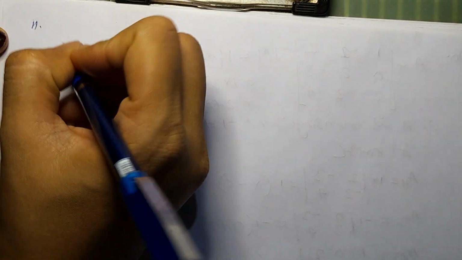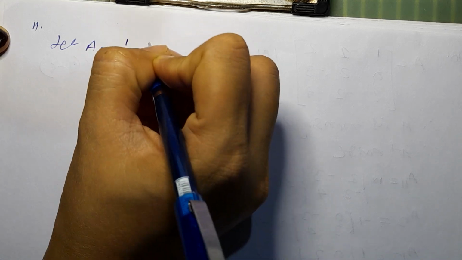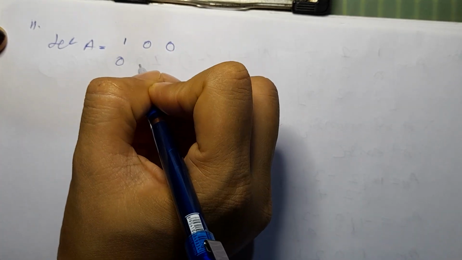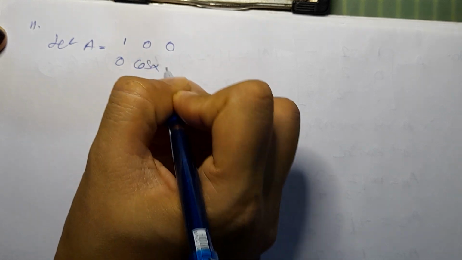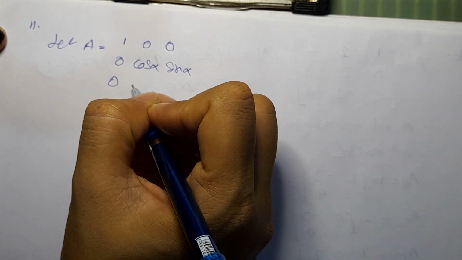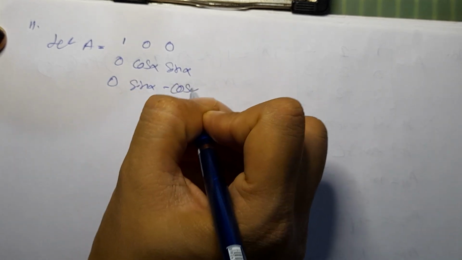So matrix A, this is question number 11. Let A be equal to [1 0 0; 0 cos alpha sin alpha; 0 sin alpha minus cos alpha].